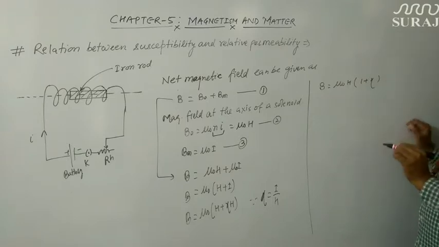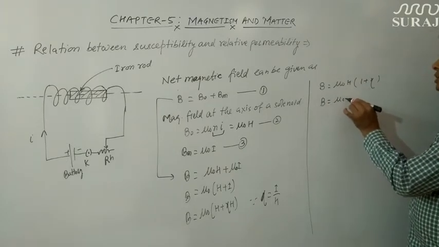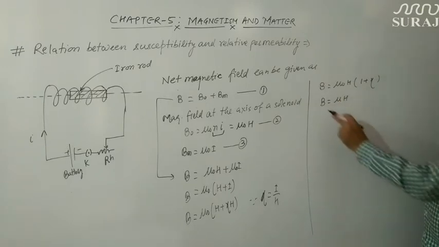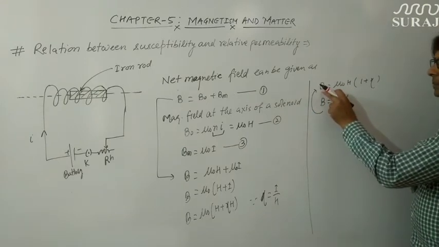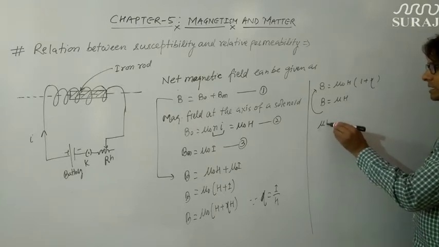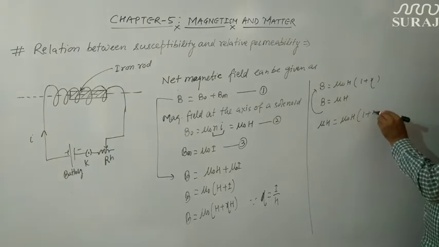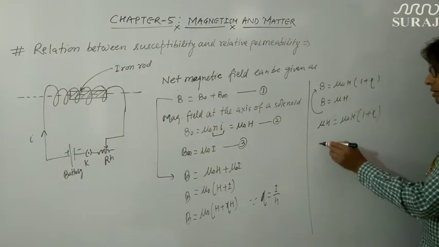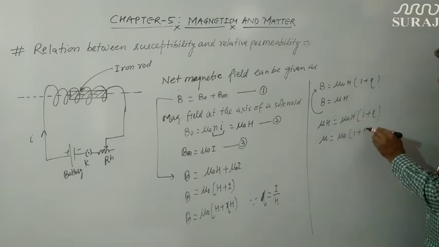We also know that for a medium, B is equal to mu H. So if I put in place of B as mu H, it would become mu H is equal to mu 0 H into 1 plus xi, and this H will cancel out with this H, so mu is equal to mu 0 into 1 plus xi.